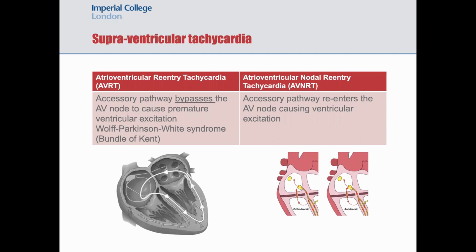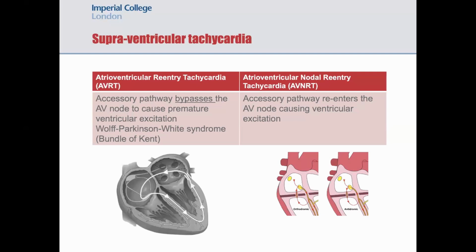So essentially you've got an electrical current just going around in loops, bypassing the SA node itself, and going back to the atrium to stimulate the AV node. So that's why you don't really see the P wave in a SVT, because the SA node is left out.